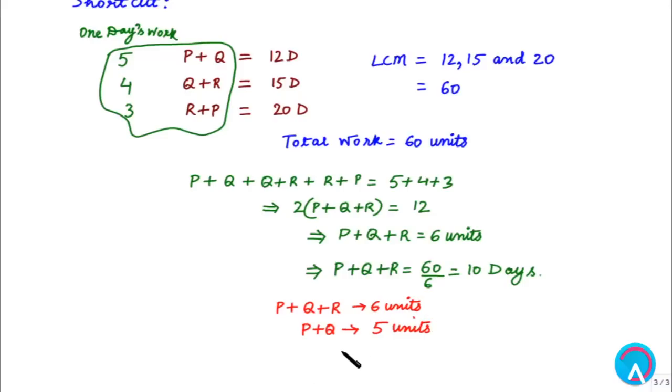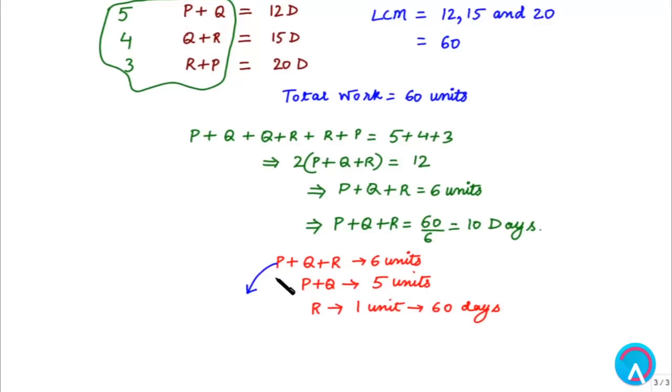So if we subtract the 2, P and Q will get cancelled, R will complete in one day 1 unit of work, and since there are 60 units, for R it will take 60 days to complete the work.